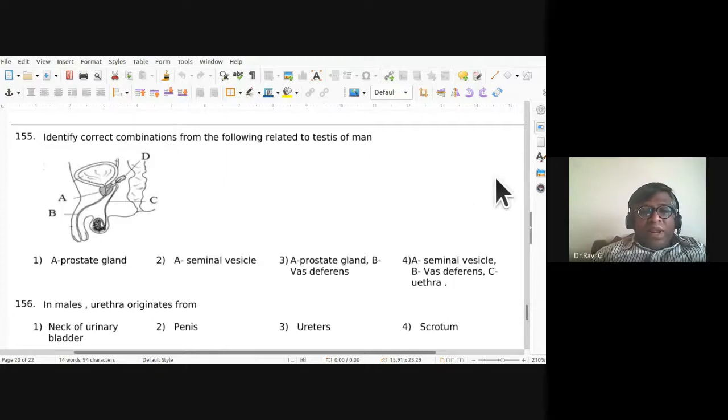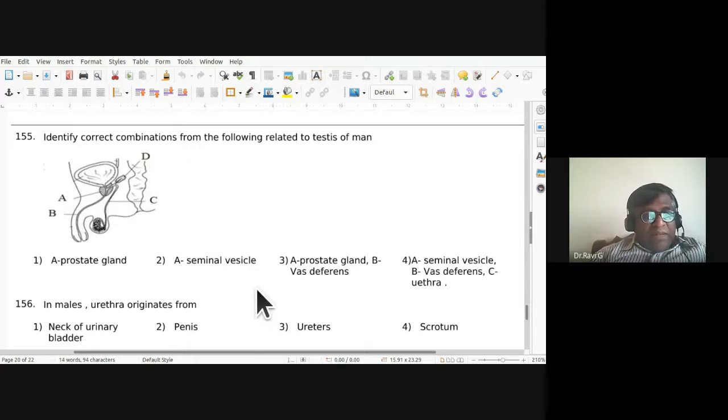C, urethra. So the correct option for the 155th: A is prostate glands. So the unpaired male gland is the prostate gland. A is the correct option. Okay, the remaining labelings are not correct combinations, so they are incorrect. So this is the correct combination: A is the prostate gland.